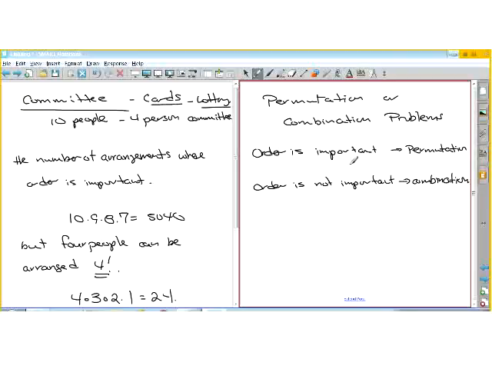It says order is important, permutations. And if order is not important, combinations. So things like I said, officers, lineups, like in a baseball or a music event, that's important. Race, positions.